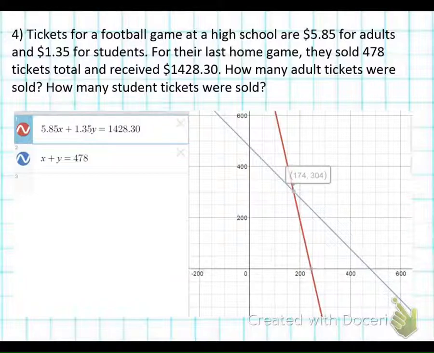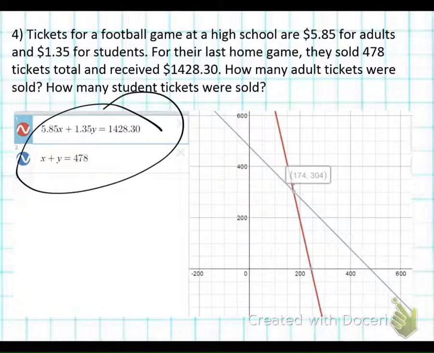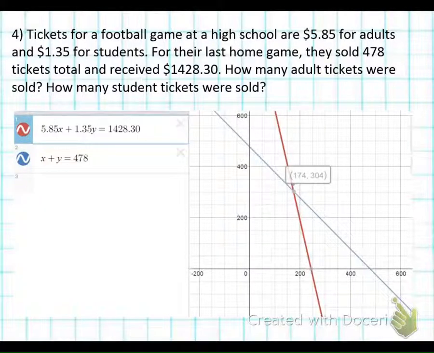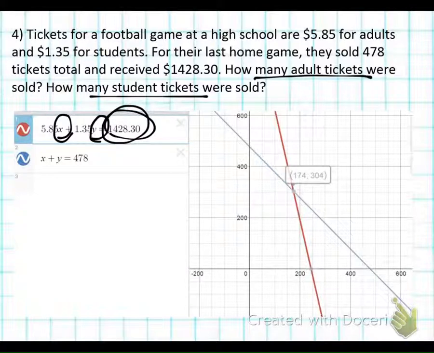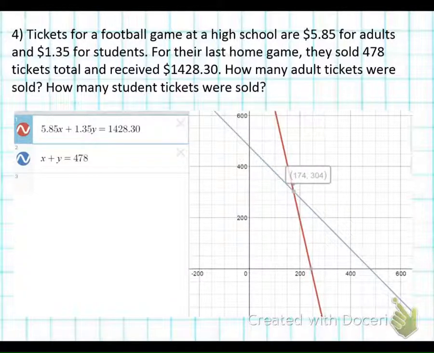Okay, and then these last two show how we can use technology to solve these systems when they have more complicated numbers. So these are the two equations that I would come up with given this word problem. So this says 585 times the number of adult tickets plus 135 times the number of student tickets gives me the total amount that they would receive.